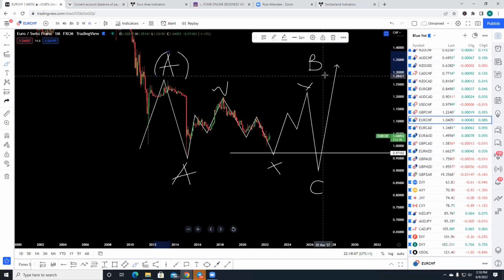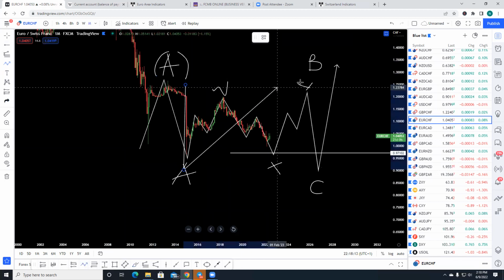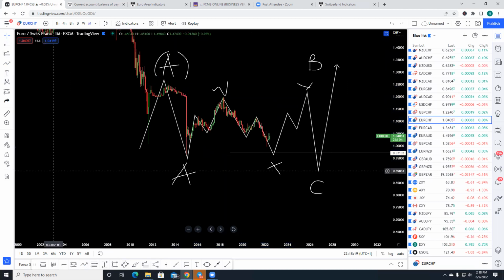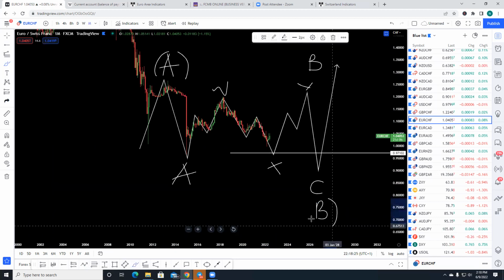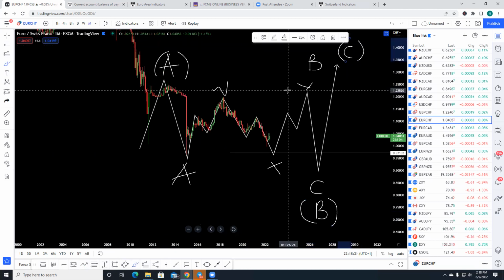Let me put an arrow. Let me explain. This is A, B, and C now. That one has become a correction, and that will be wave B of a larger degree in brackets, and this is wave C of a larger degree in brackets.